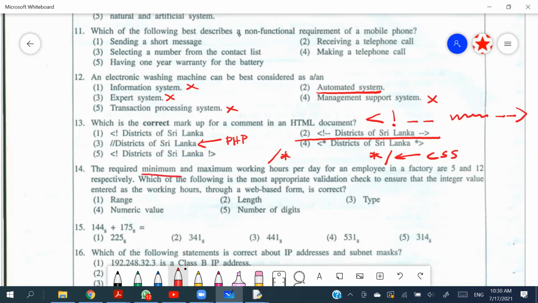So since they are talking about minimum and maximum, they are talking about a range, right? So they are saying a number between 5 and 12 is entered as an integer value. So we need a range check, right? To check whether it is in between 5 and 12, right?